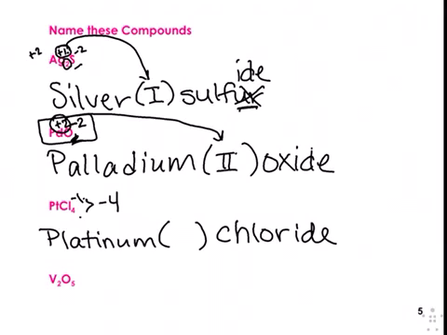Are there any subscripts on platinum? No, so that means that there's only 1. So 1 times what gives us a positive 4? 4, right? 1 times 4 equals 4. So that means your charge on platinum has to be positive 4. So that 4 is what will be indicated in the Roman numerals.